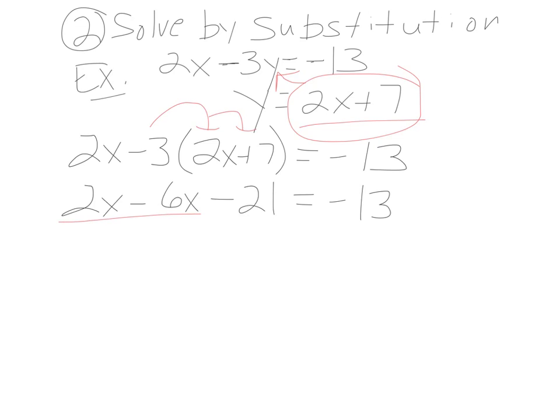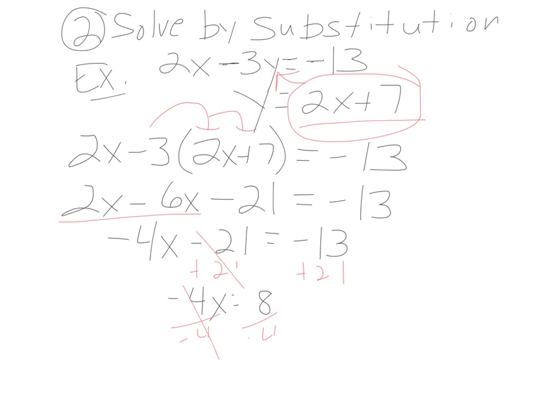Combine like terms, 2x minus 6x is negative 4x minus 21 equals negative 13. Add 21. Negative 4x equals 8. And divide. X equals, that should be a negative 4. X equals negative 2.